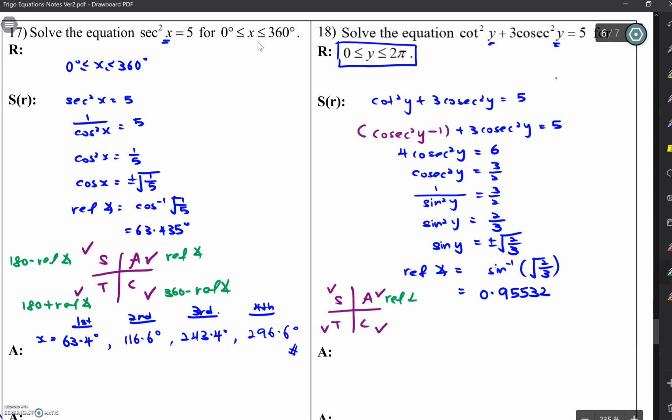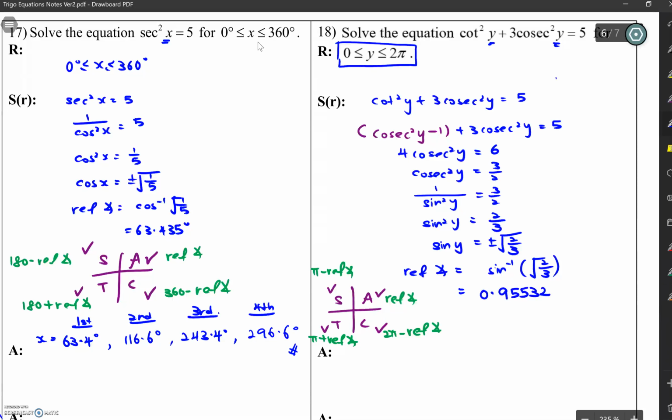So next step, I'll just find them. First quadrant is just taking the reference angle. Second quadrant is taking pi minus the reference angle. Third quadrant is pi plus the reference angle. And the fourth quadrant is 2 pi minus the reference angle. As with what we have done so far, the answer I'll get will just be the value of y. Since I'm just finding y, there's no manipulation, so my final answer can just be in 3 significant figures.